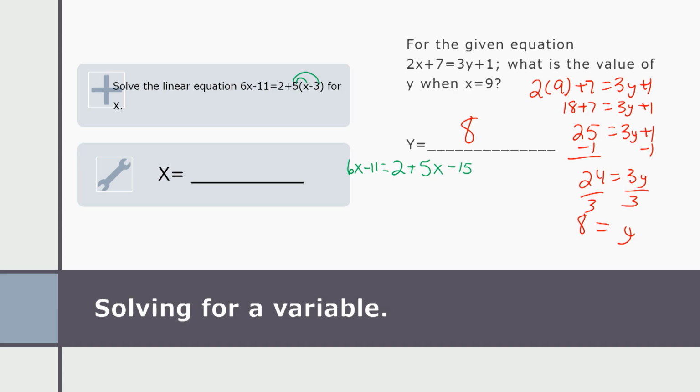So I'm going to have 6x minus 11 equals, this and this can come together, negative 13 plus 5x. Let's get our like terms together. So I'm going to subtract 5x on both sides. So I have x. I'm going to add 11 on both sides. So x equals negative 2.